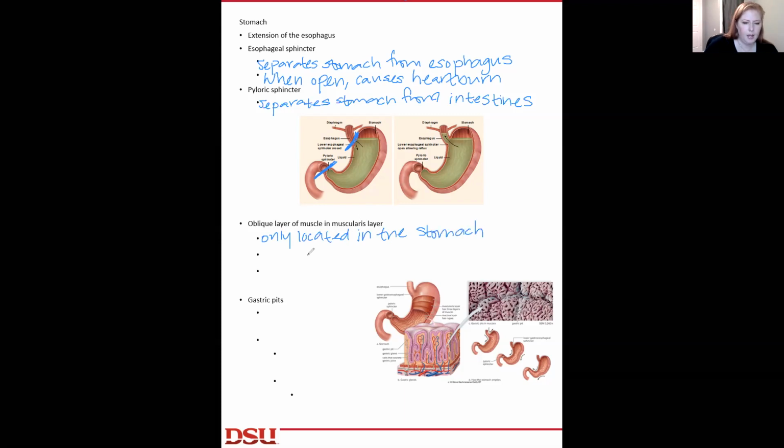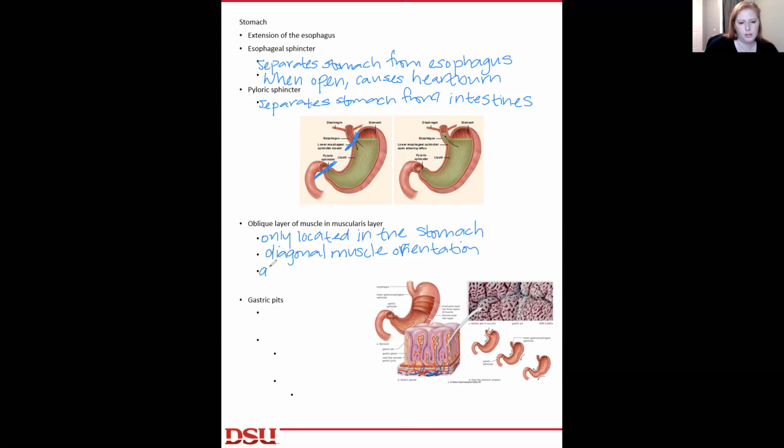Okay, and it has a diagonal muscle orientation.